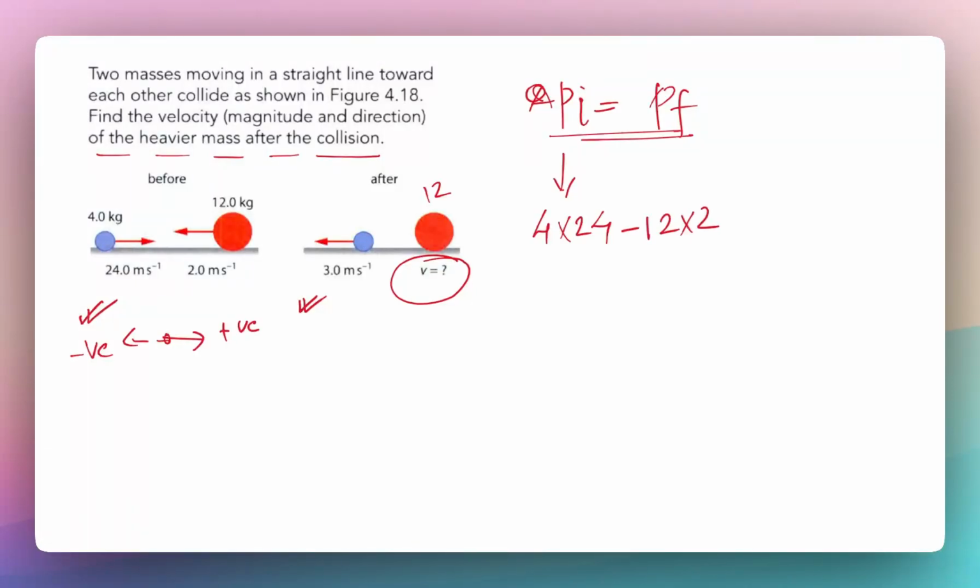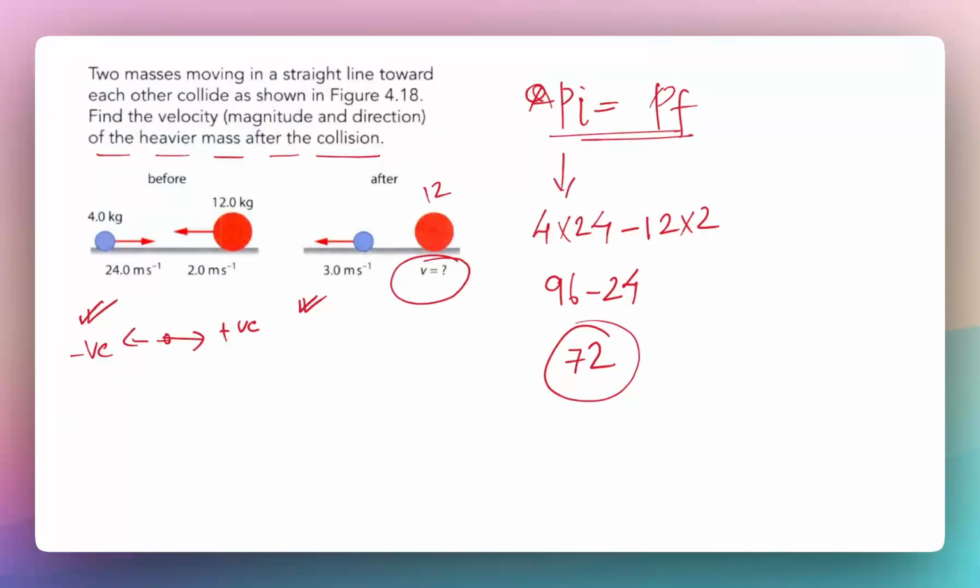So 24 into 4 is 96 minus 24, and that will be our initial momentum, which is equal to 72, so 72 units of momentum towards right, because this is a positive number.